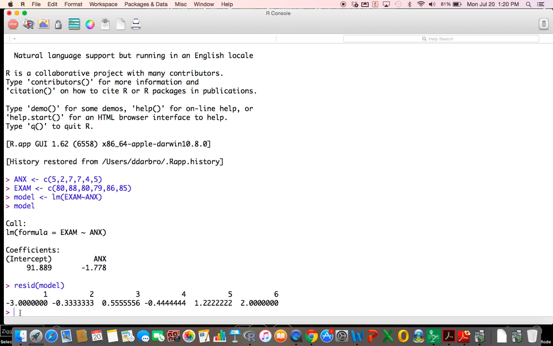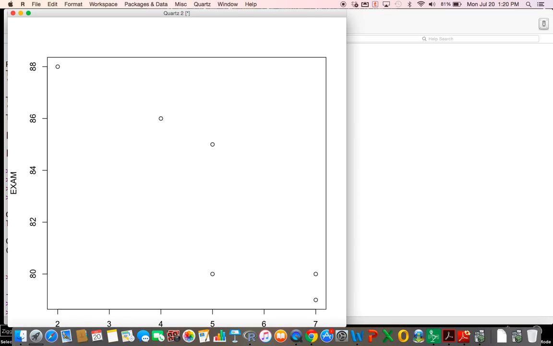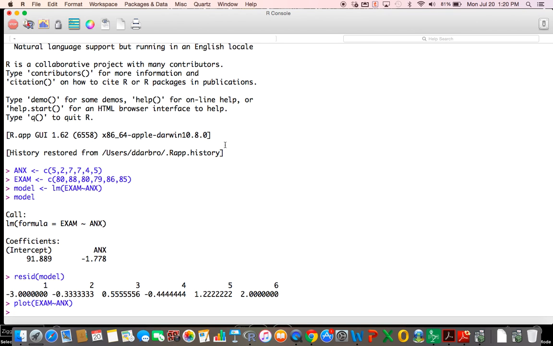If you want to get a plot, it's really easy. Just do exam over anxiety. And you'll see you get your scatter plot as well. Correlation's easy to get.